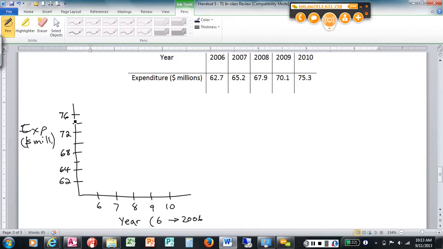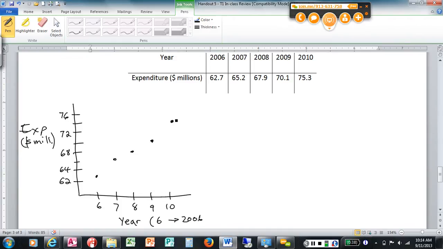Okay, all right, so 6 is 62.7, 7 is 65.2, 8 is 67.9, 9 is 70.1, and 10 is 75.3. So there's our scatter plot.